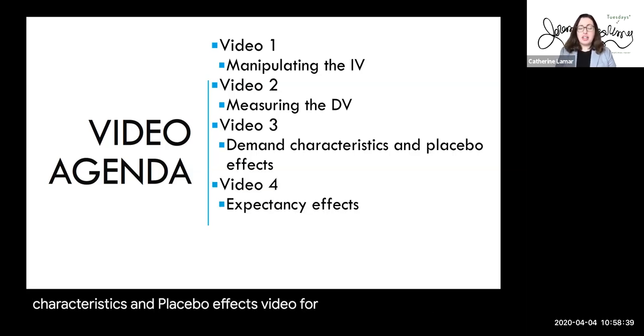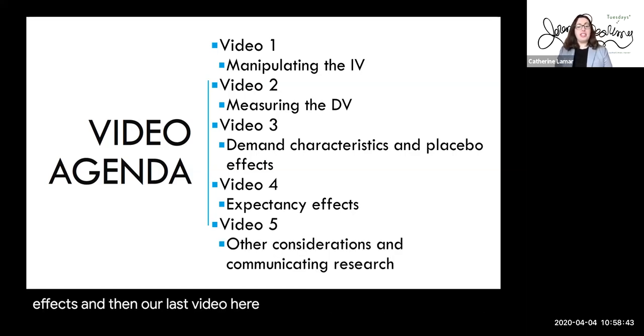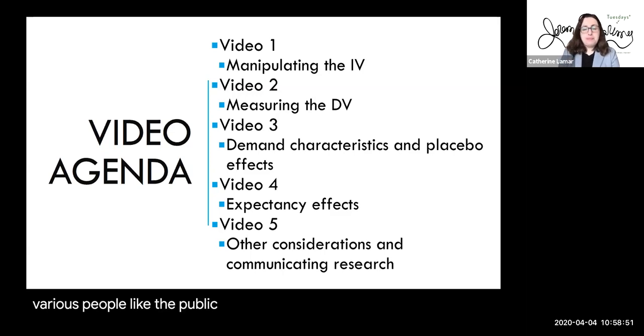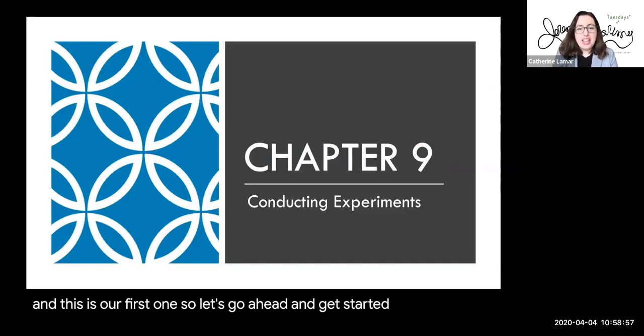Video 4 talks about expectancy effects. And then our last video, video 5, is all about other considerations and how we can communicate research with various people like the public. So we have 5 videos in this chapter, and this is our first one. So let's go ahead and get started.